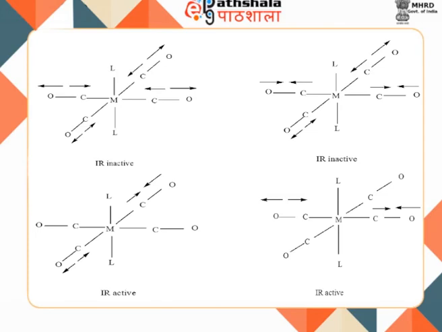On the other hand, the other isomer exhibits only one strong absorption band at 1890 cm^-1, and thus it is the trans isomer. It is obvious that the cis and trans isomers of metal carbonyls of the type MI2(CO)4 can be distinguished with the help of IR spectroscopy.